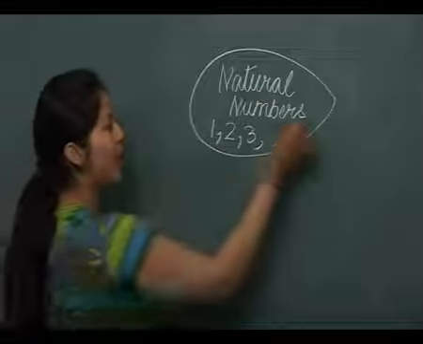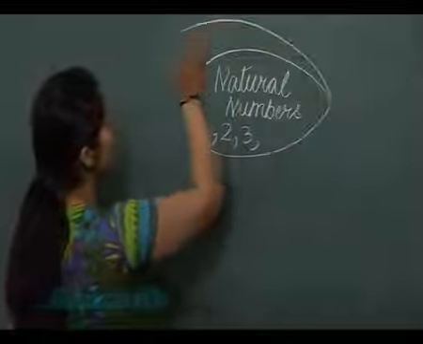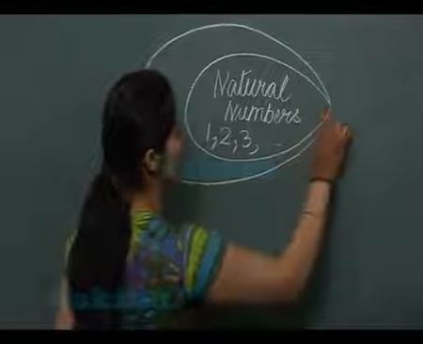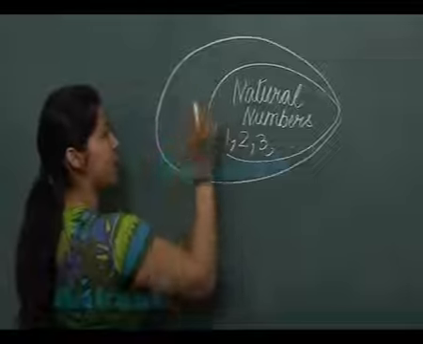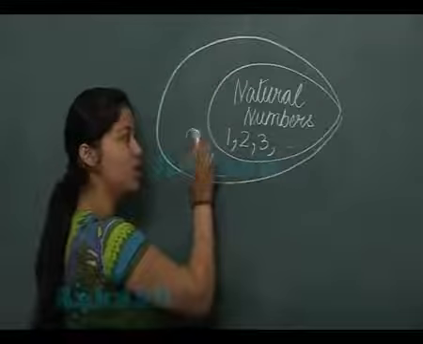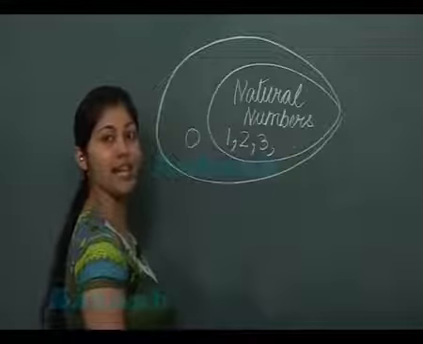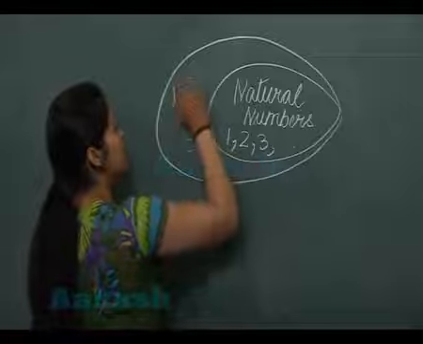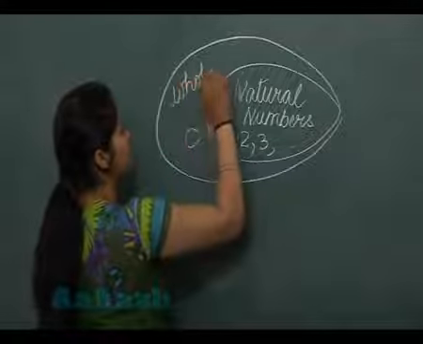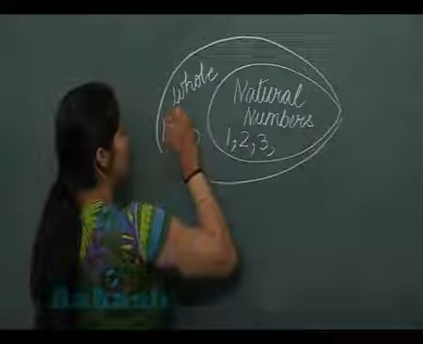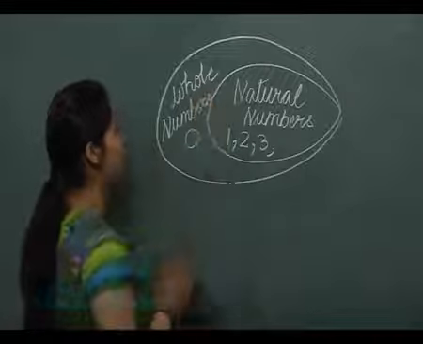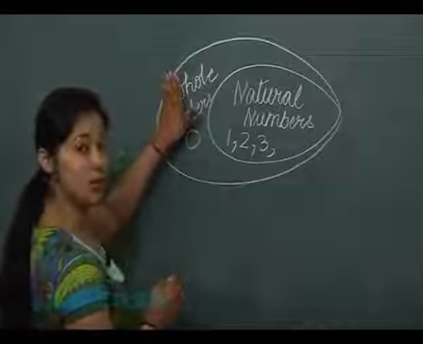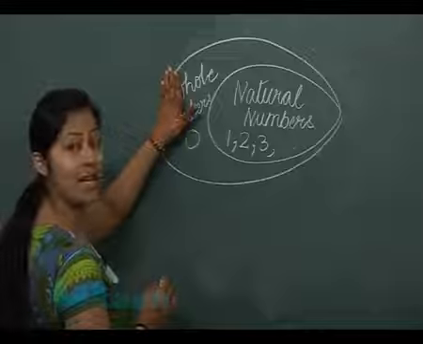But now if I add 0 to the natural numbers, I'll get whole numbers. So, second part is whole numbers. Now, if I hide this W, I get HOLE, whole.